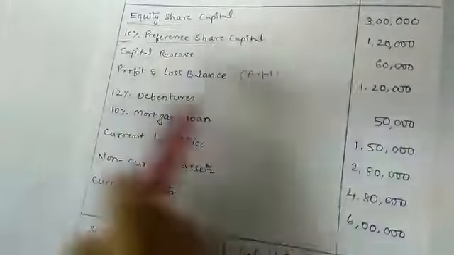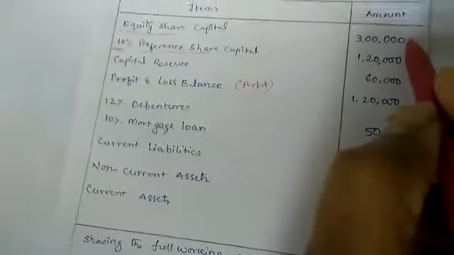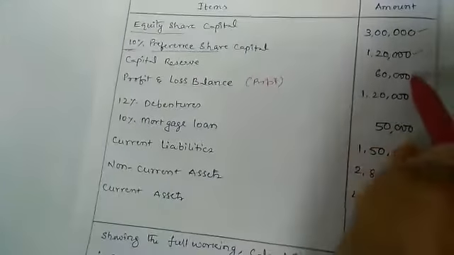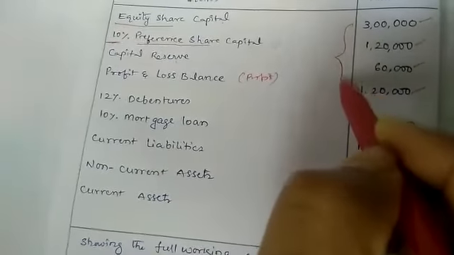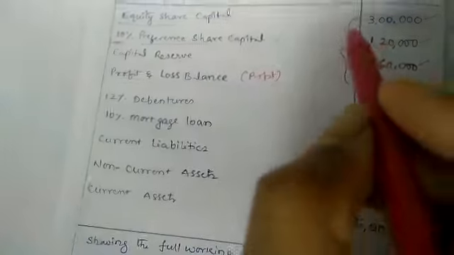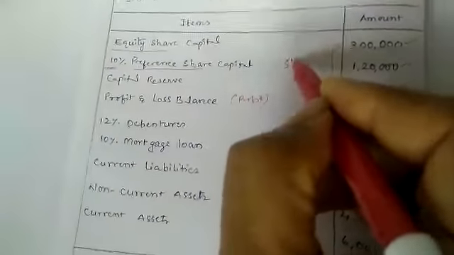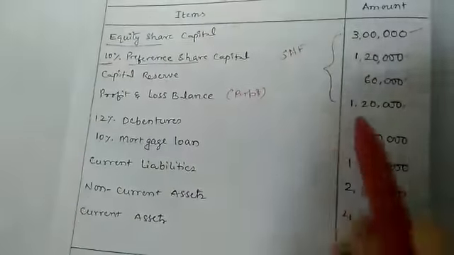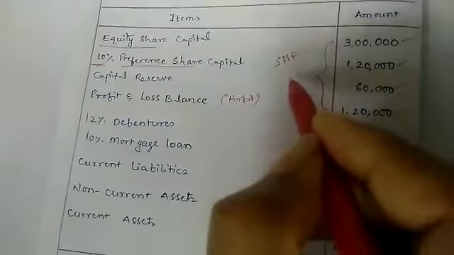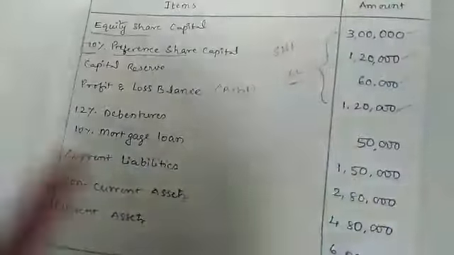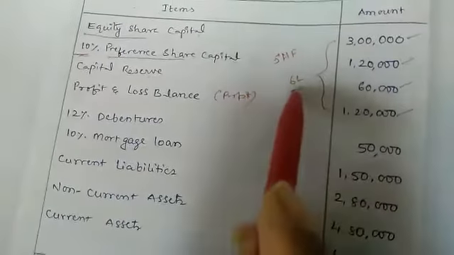So here this 3 lakhs, 1,20,000, 60,000 and 1,20,000, all this comes under which category? Liability side, shareholders funds. What is the total? 3, 4, 5, 6 lakhs. So shareholder funds are showing 6 lakhs.